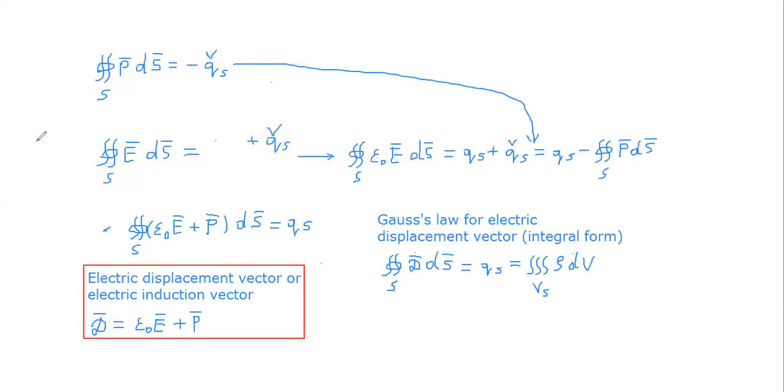Rho is charge density. This is integral form of Gauss law for electric displacement vector.